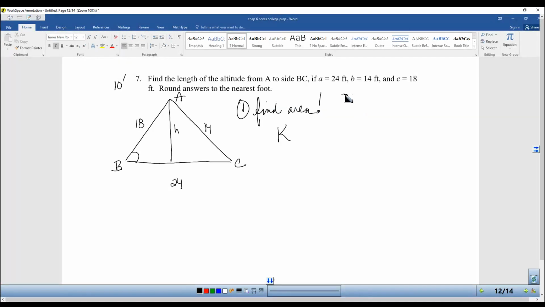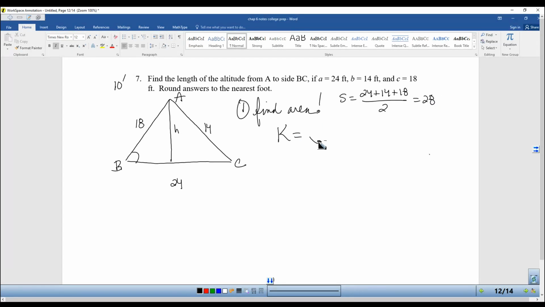So first I need the semi-perimeter, which is going to be 24 plus 14 plus 18 divided by 2. That is 28.